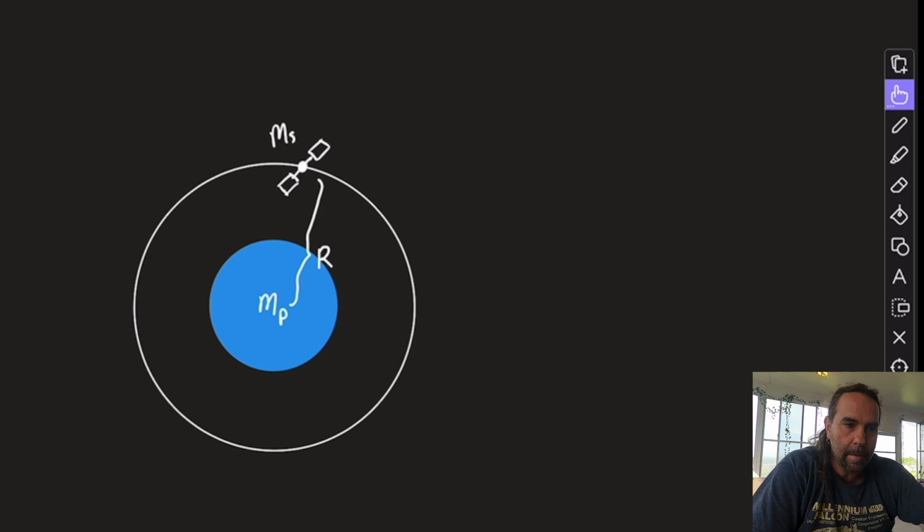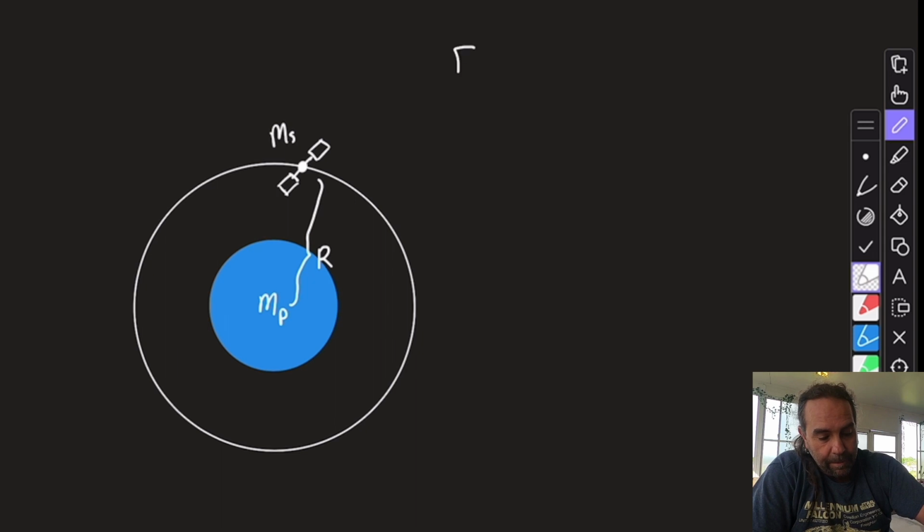All right, so here we go. If it's in a circular orbit about the planet, we could figure out how much total kinetic energy it has, because we know how to figure out how fast it's going. Let's figure out the energy in this orbit. The total amount of kinetic energy would be based on the velocity, and we know how to get that.